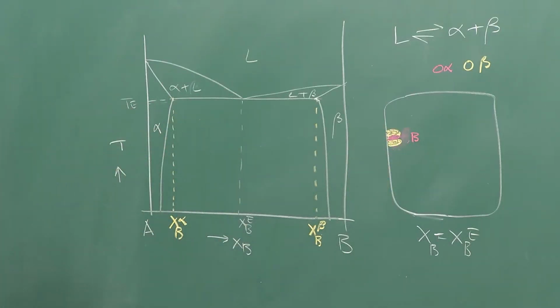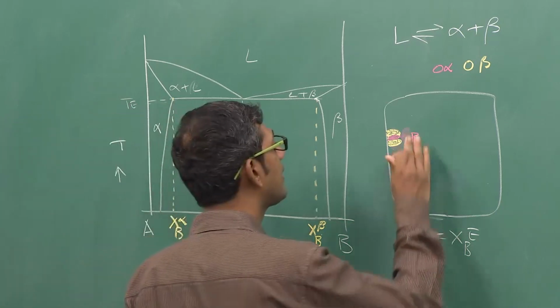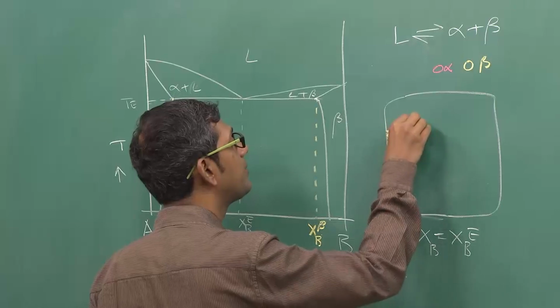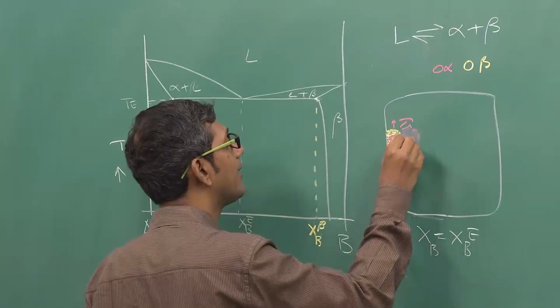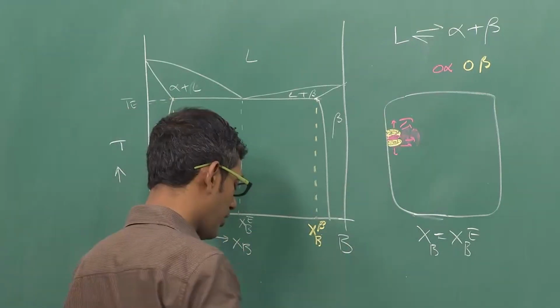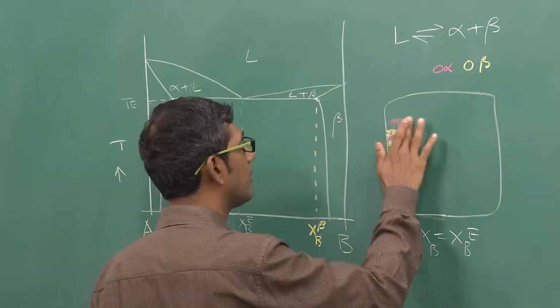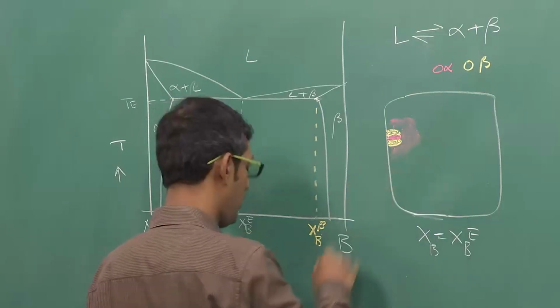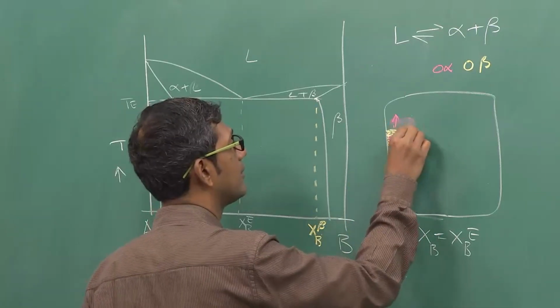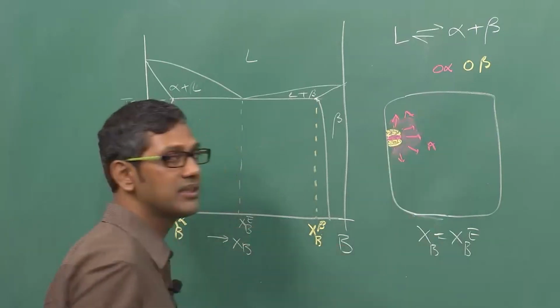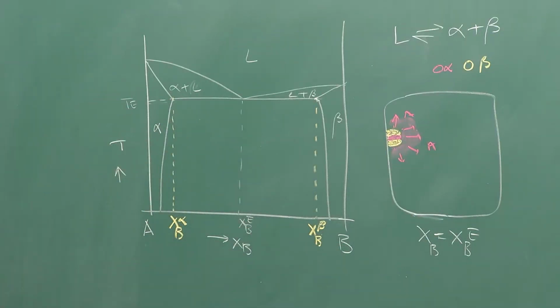If these two beta phases have to grow, they will also reject A, because beta is basically rich in B. So, A will be rejected as the beta grows, beta is the yellow color.